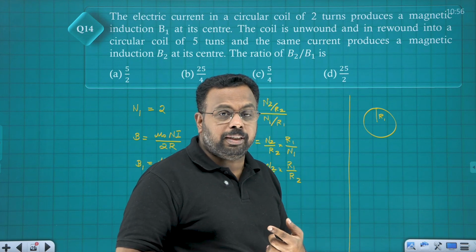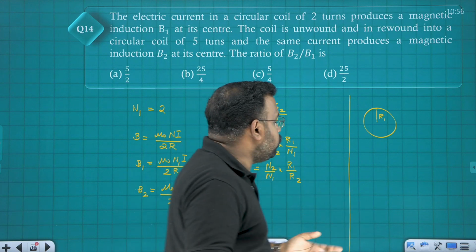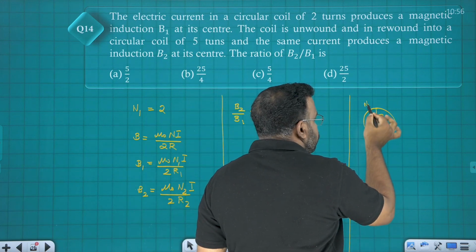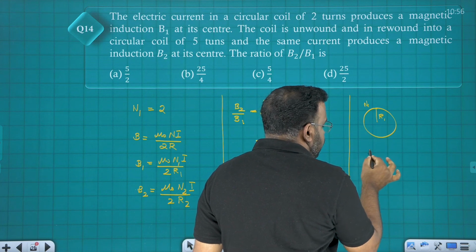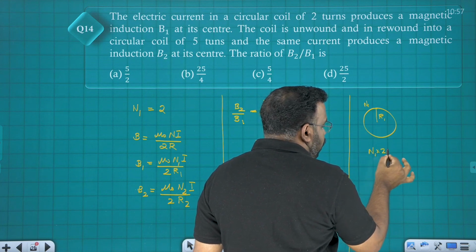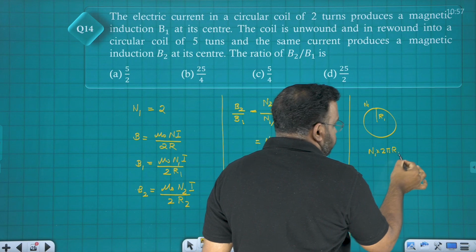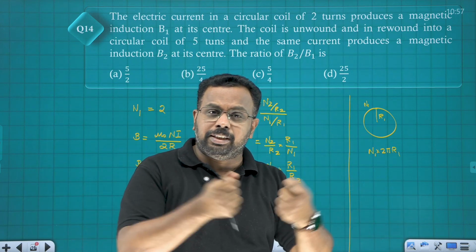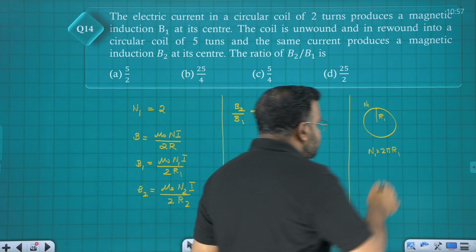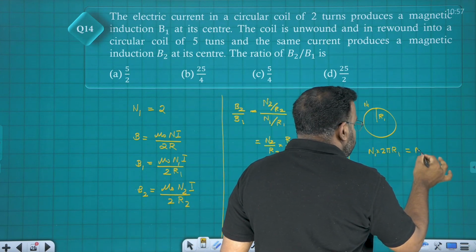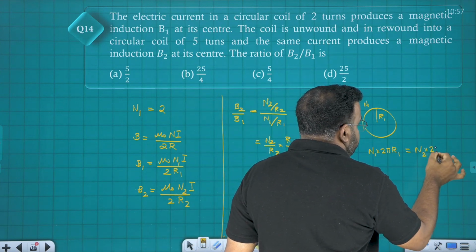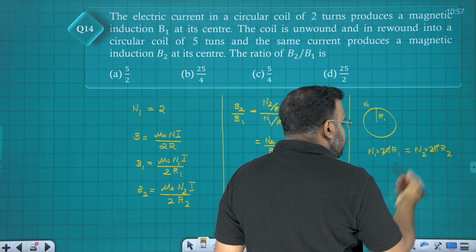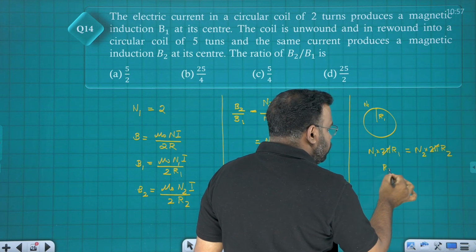Like that, there are N1 turns, so N1 into 2 pi R1 will be the total length of the wire. Unwinding and rewinding doesn't make any change in the total length. So in the second case, the length will be N2 into 2 pi R2. So this 2 pi got cancelled. So what we get here is R1 by R2.